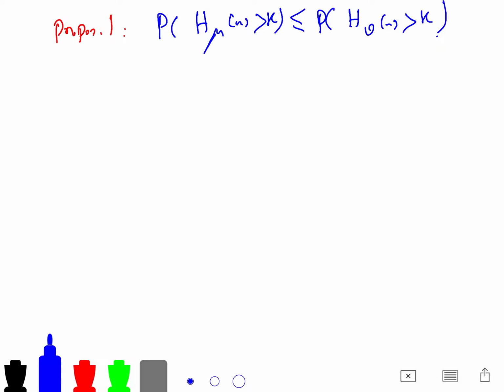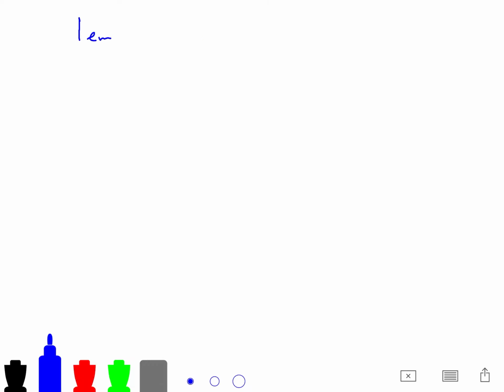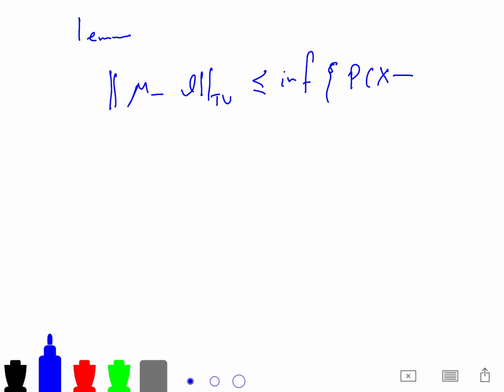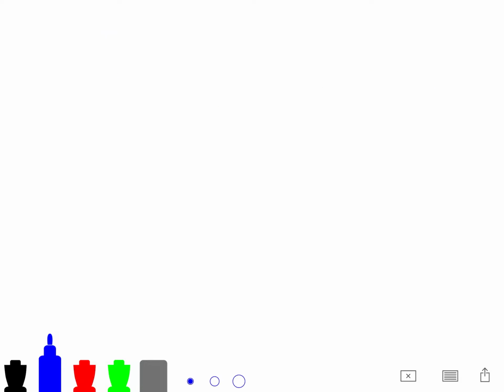I just want to skip the proof and go to some more interesting things. There is a lemma that we need, that the total variation of mu and nu is upper bounded by the infimum of the probability of X not equal to Y. And we skip the proof of that again.